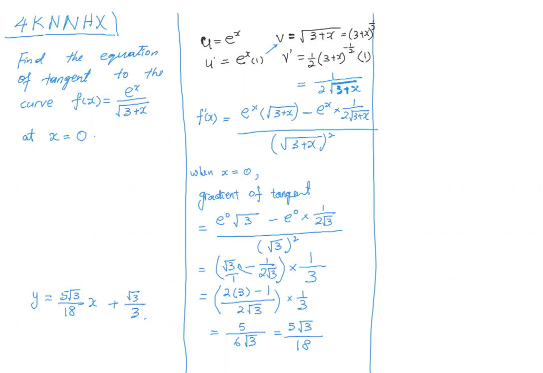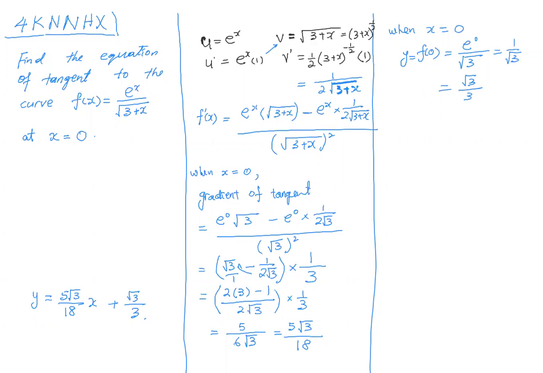Okay, so therefore, when x equal to 0, I want to get my y coordinate. So I sub my x as 0, square root of 3. So this is 1 over square root of 3. So this will be root 3 over 3. Everyone should be very familiar with this.